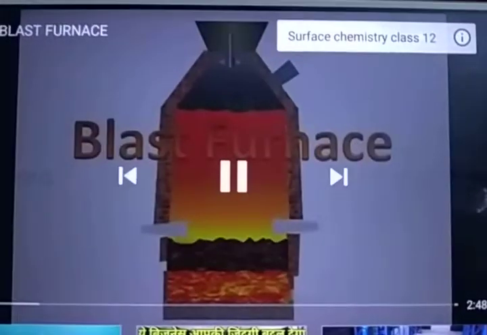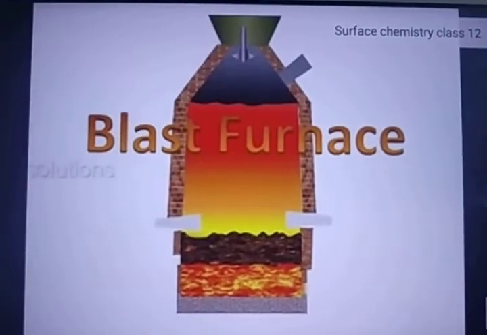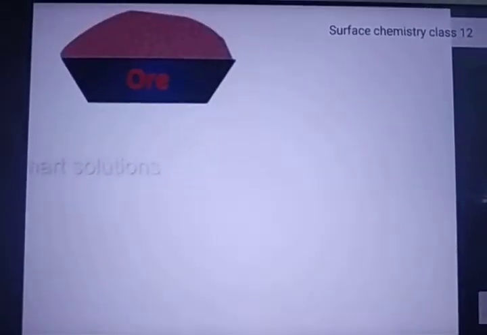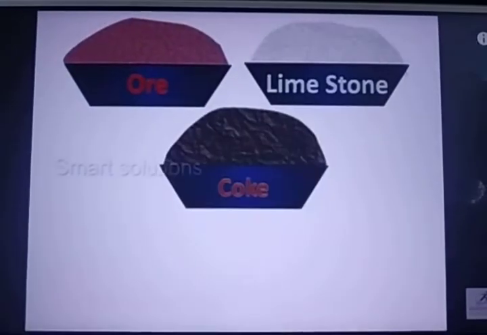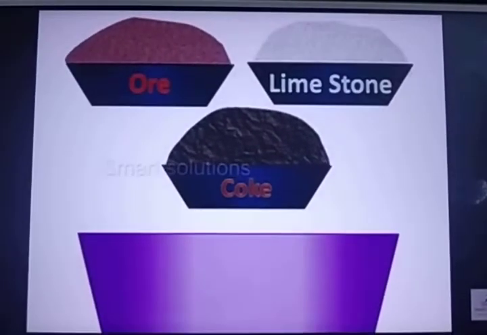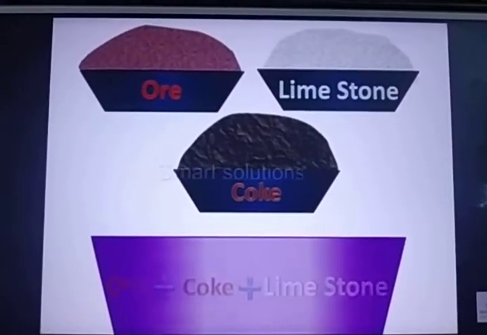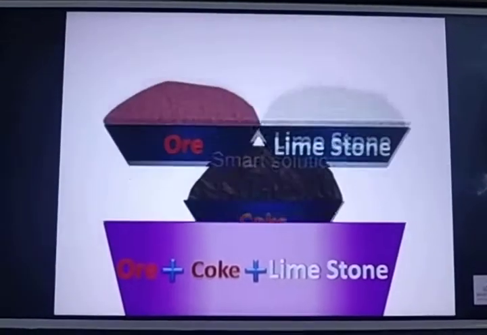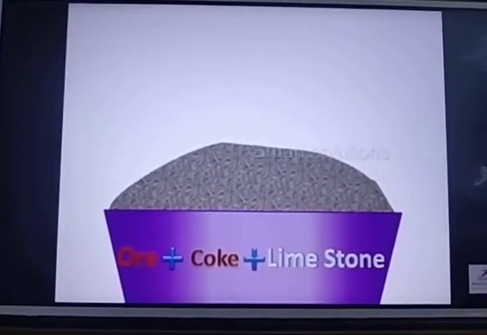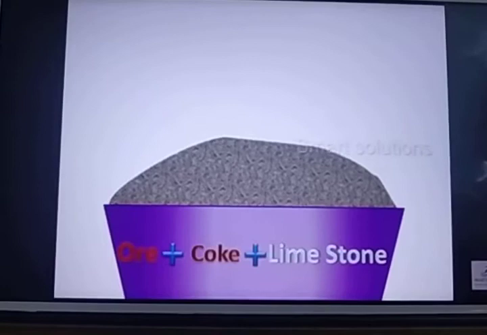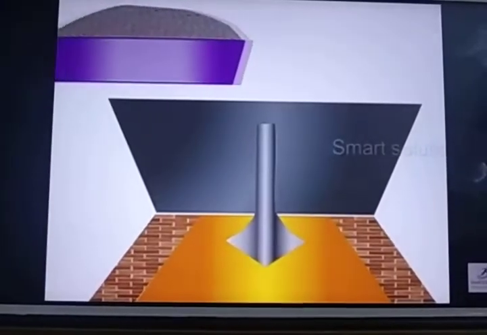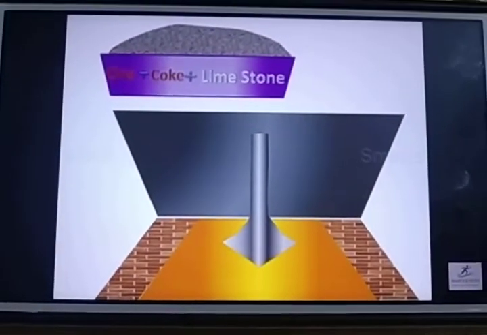Blast furnace. After concentration of oxide ores of iron, it is mixed with limestone and coal. Then this mixture is fed into the blast furnace from its top.